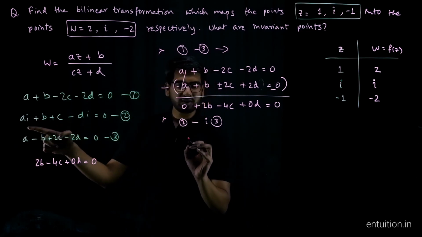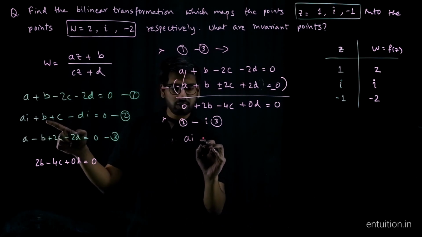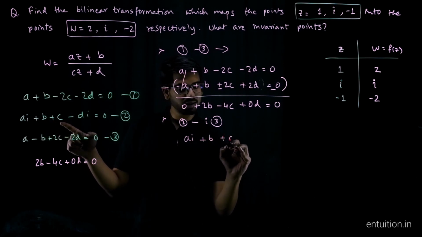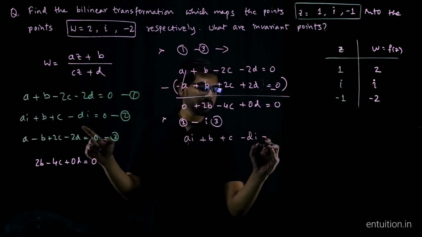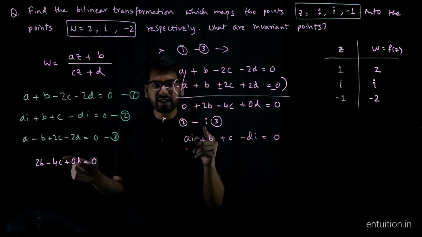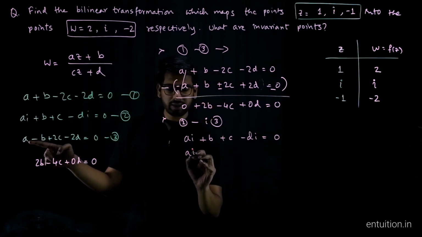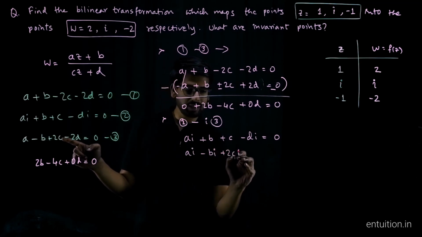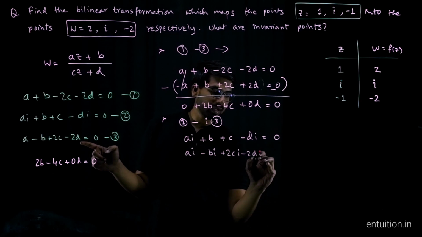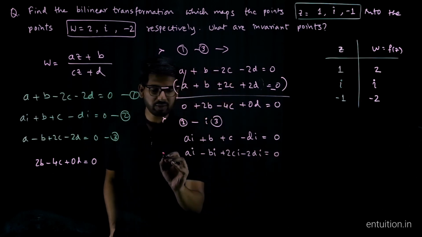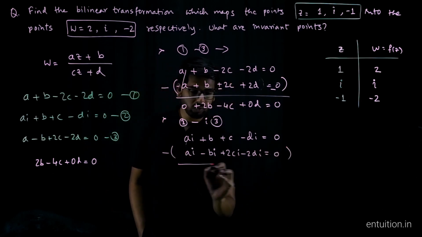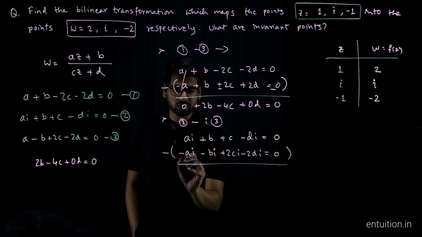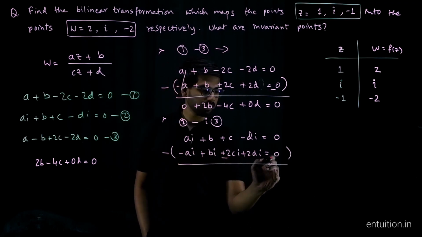Equation 2 is ai plus b plus c minus di is equal to 0. i times equation 3 is ai minus bi plus 2ci minus 2di is equal to 0. Now we need to subtract this, right? To subtract, you have to change all the signs.